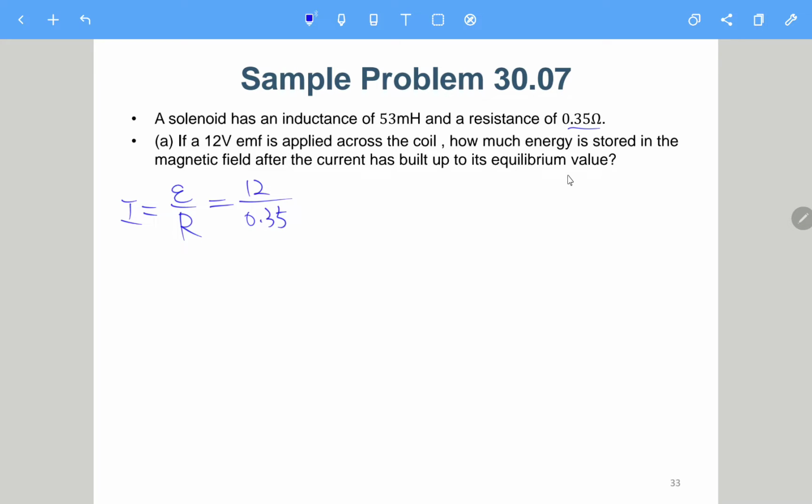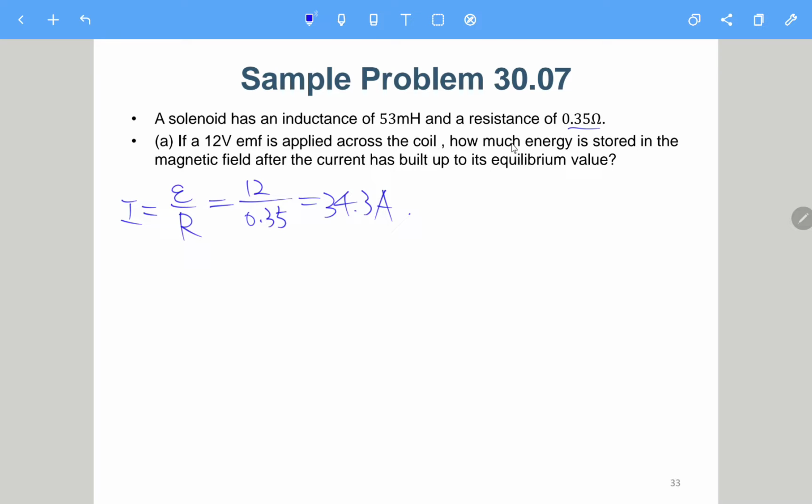For the equilibrium value, the current is constant, so dI/dt is zero, and the voltage drop across the inductor is also 0. So we can regard the whole circuit as a battery and a resistor in series. So this value is 34.38.